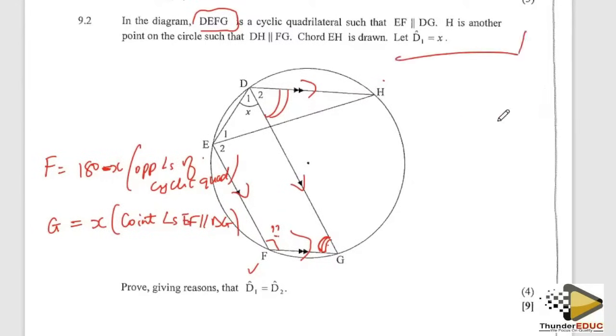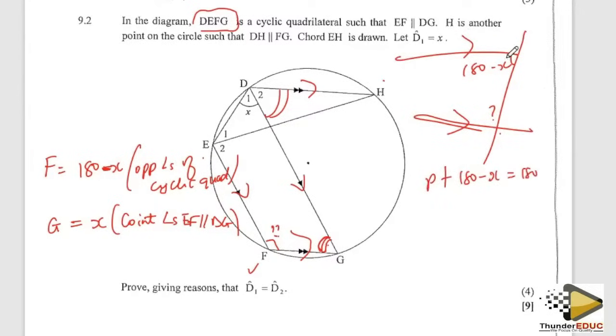Explanation: if that is 180 minus X, this is a second angle that we don't know. Maybe P plus 180 minus X must give us 180. That is the rule about co-interior angles. Then when you move the 180 that side, it's going to cancel out, and you move the X that side, which means P is the same as X. That is the principle that we're using. So if G is X, then D2 is also going to be X. Why?